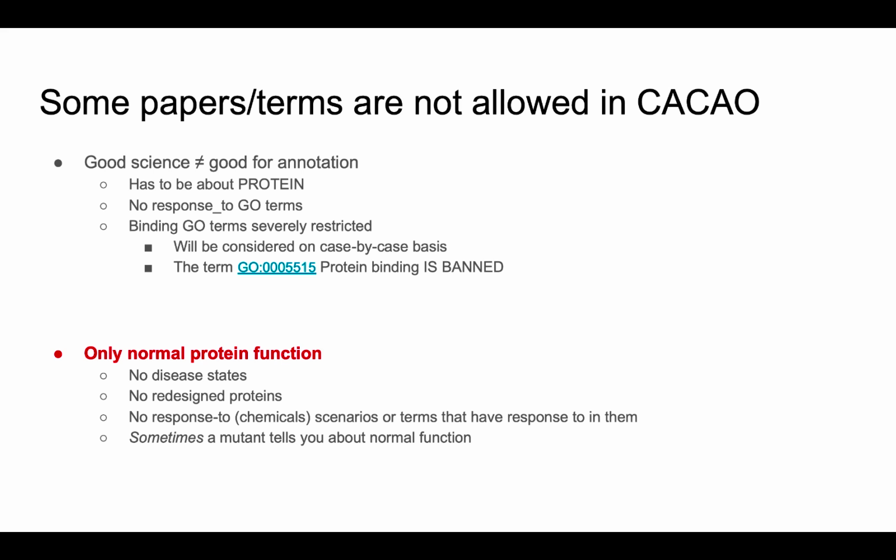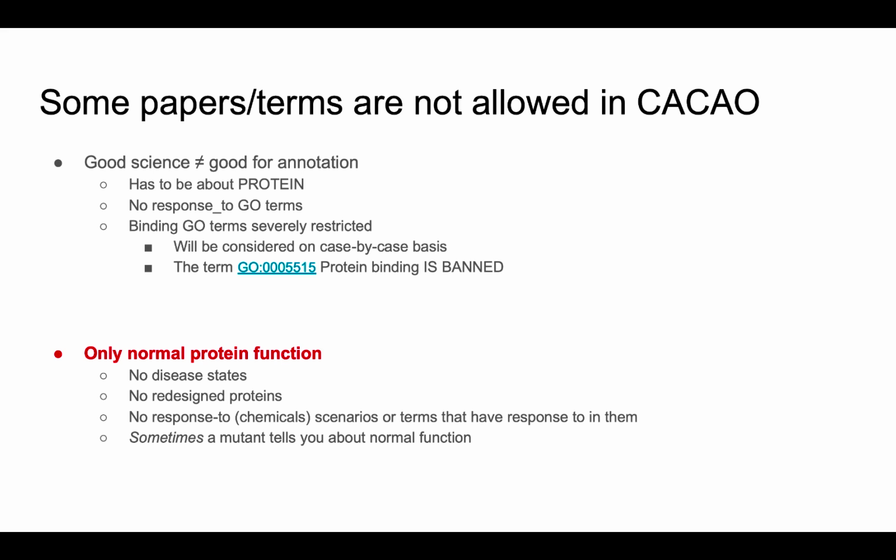And then the big bummer for some people is that in this class we only annotate normal protein function. So if you're really interested in the tau protein, or the proteins for Alzheimer's, they aggregate, they do bad things. Those are very interesting, great science, but not good for GO because we want to know what the protein does normally.